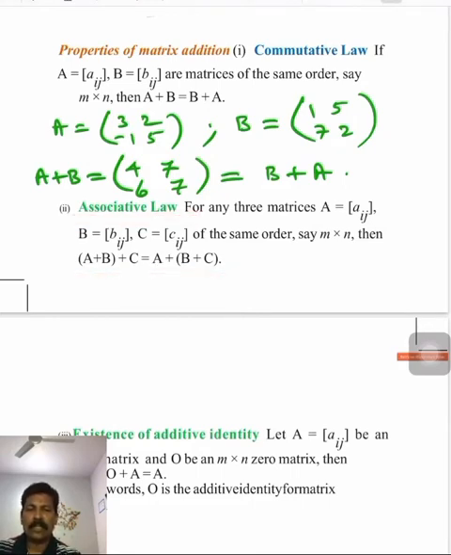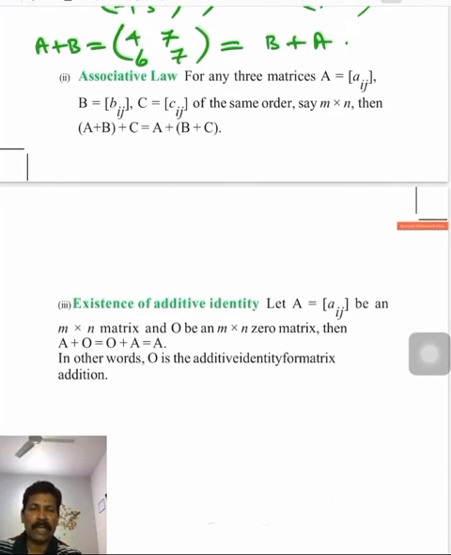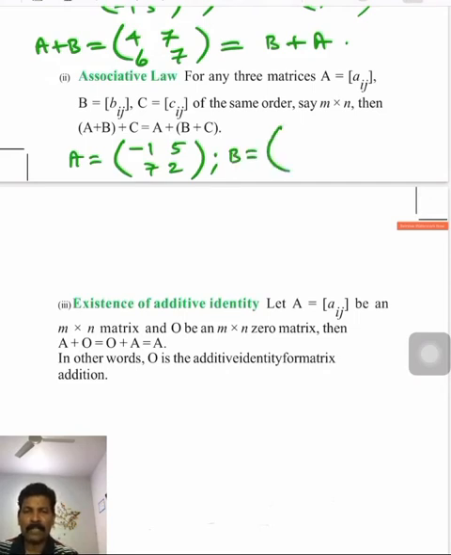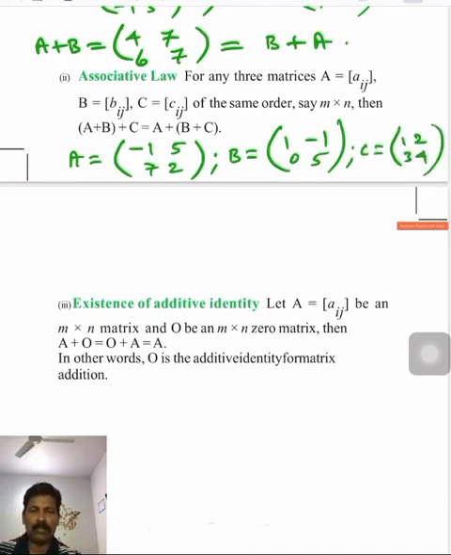Second is the associative law. For any three matrices, of course, they should be conformable for addition, then A plus B plus C is equal to A plus B plus C. So A is equal to negative 1, 5, 7, 2, B is equal to 1, negative 1, 0, 5, C is equal to 1, 2, 3, 4.